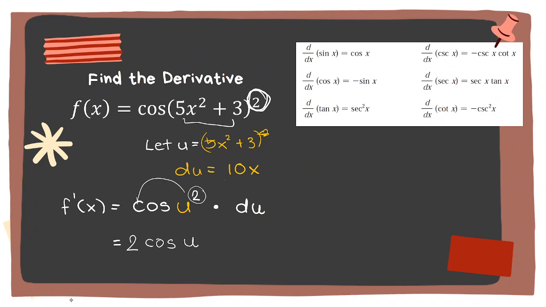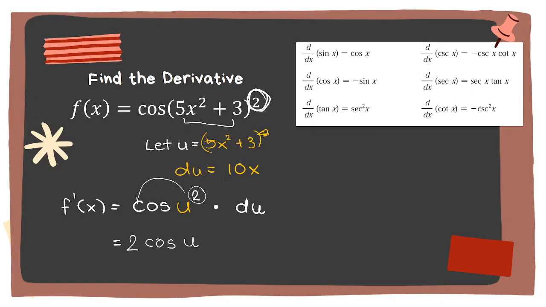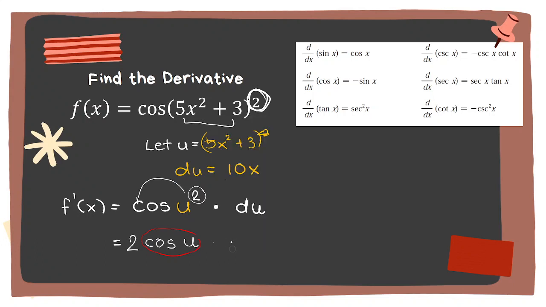Ita-times ko pa siya sa derivative ng loob. Ay, teka lang. Ano ba yung loob ko? Ito, di ba? O, anong derivative ng cosine u, Mr. Yaya? The derivative of cosine u is negative sine.